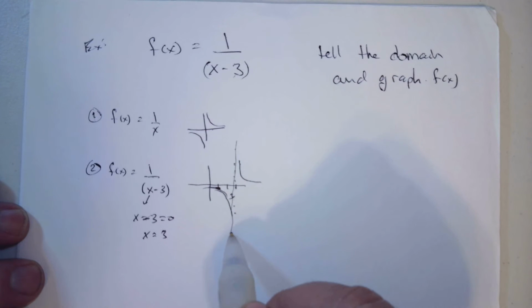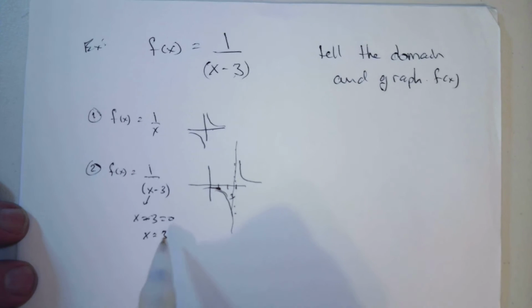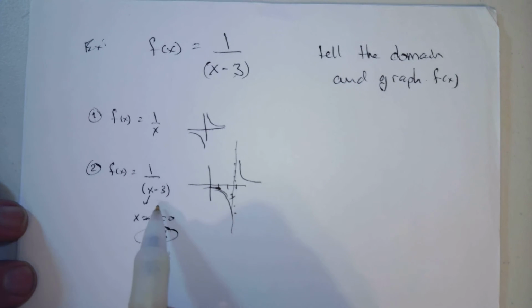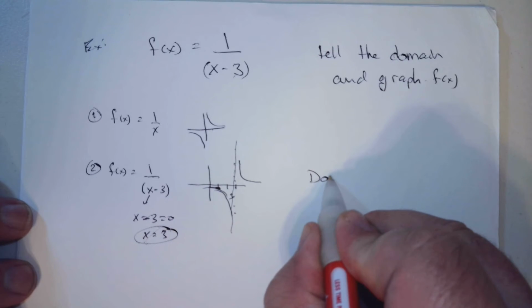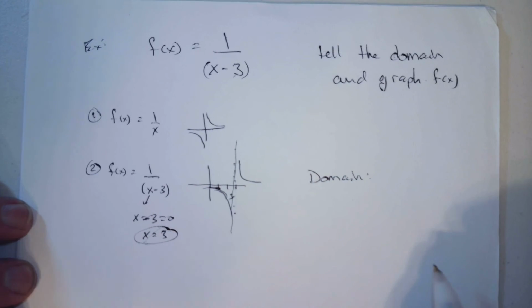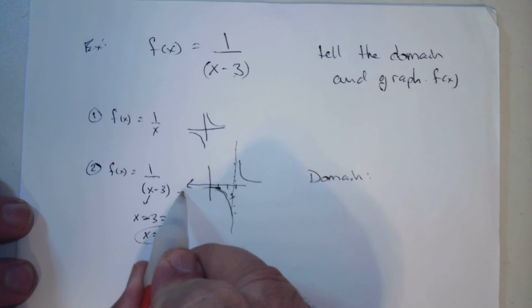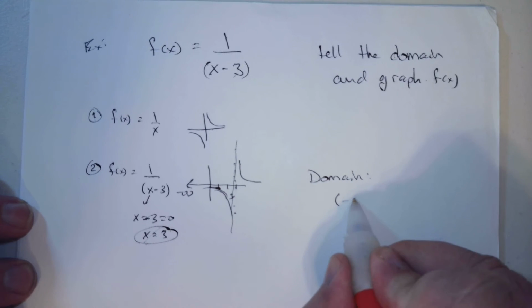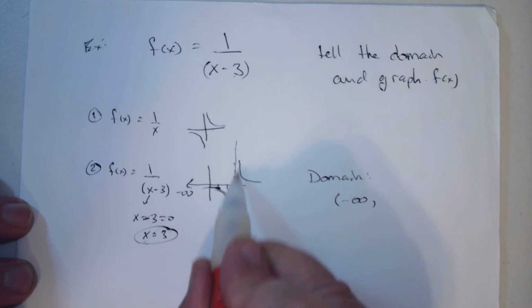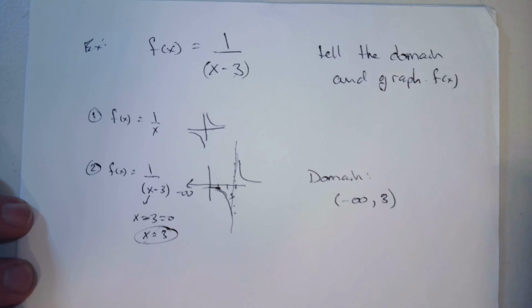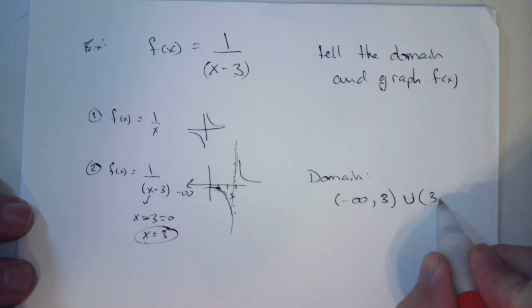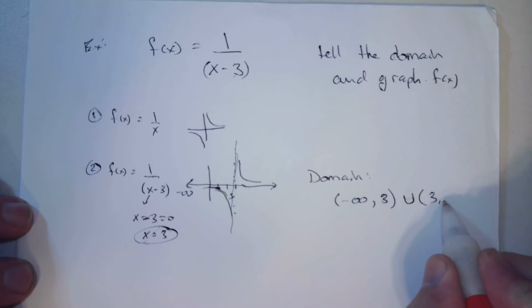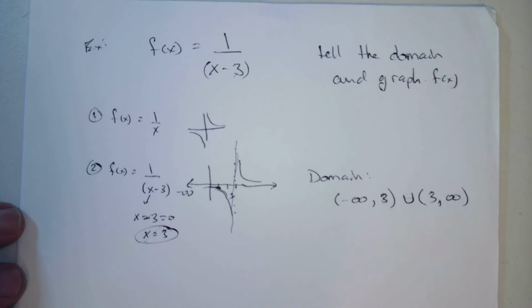So in other words, since we cannot have 0 on the bottom, if x equals 3, then we have 0. So our domain here goes from negative infinity all the way to positive 3, and then starts again at 3 and goes on to positive infinity.